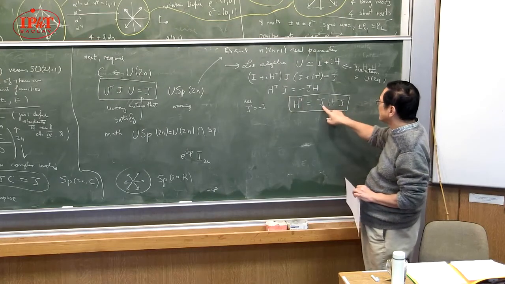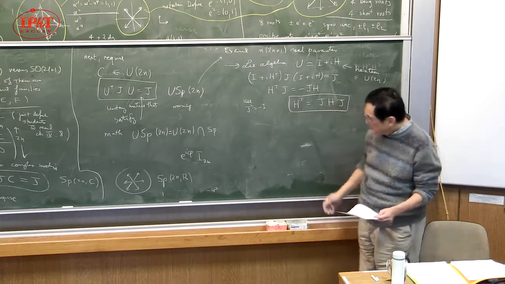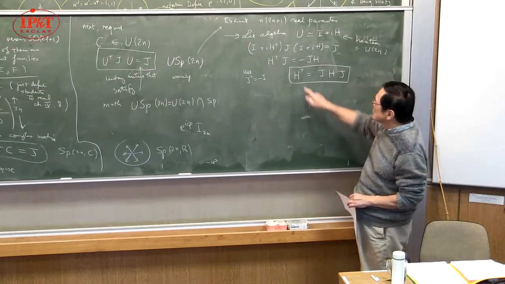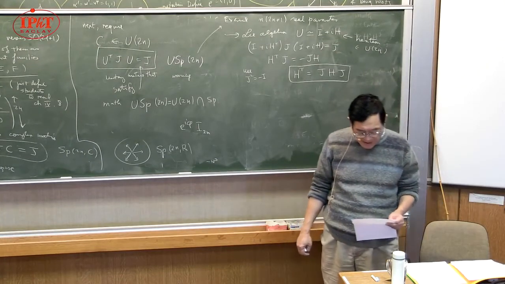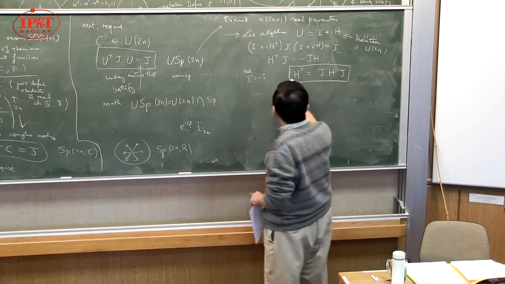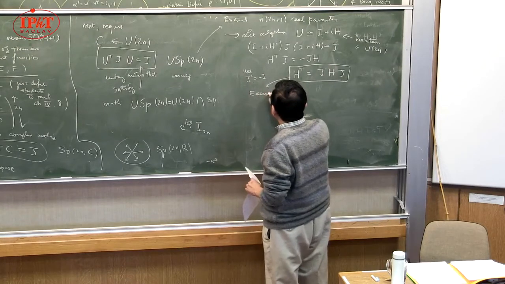But this is not a similarity transformation. J is not the inverse of J, because J squared is minus 1. So again, these look very strange, because usually when you think of Hermitian matrices, you think of Hermitian conjugate.